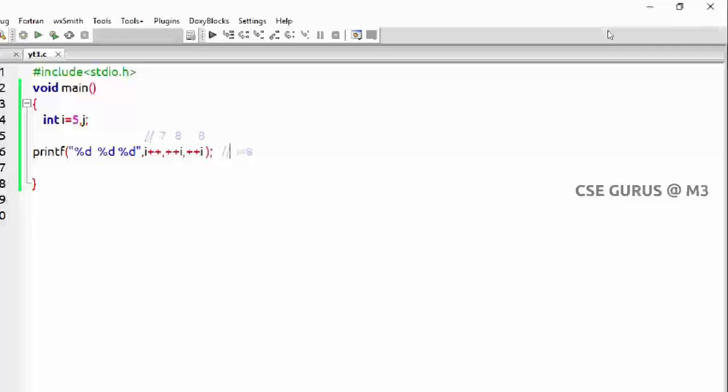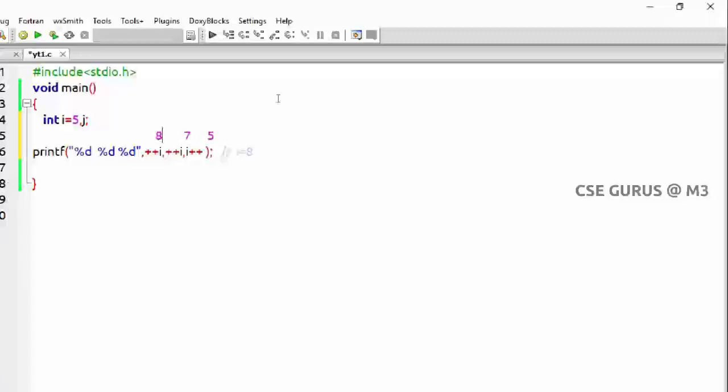Okay, I'll take one more like this. Here I'll take ++i, here i++. Let's see what happens. The i value is 5, anyway it is post increment, so the value is 5. Afterwards the i value is 6, comes here, 6, ++ makes it 7, and here 7, ++ gives 8 as it is pre increment.